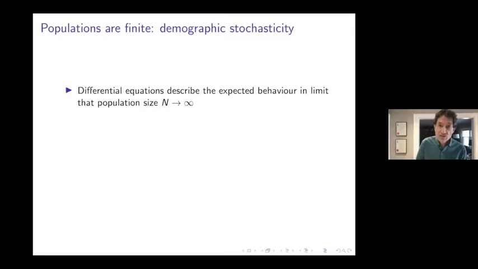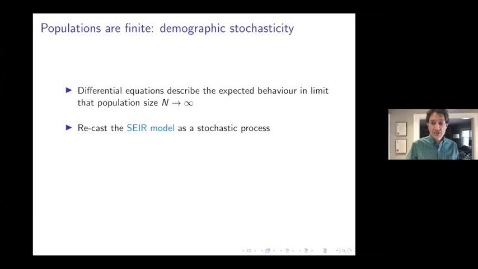It turns out that if we recast the model as a stochastic process, then it can be proved that in the limit that the population size goes to infinity, we end up with the differential equations. But the population size isn't infinity, so the question is, what is the behavior for realistic population sizes?